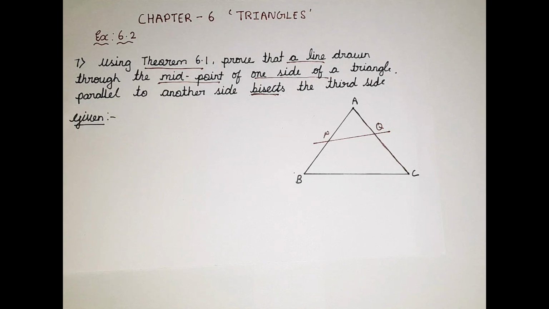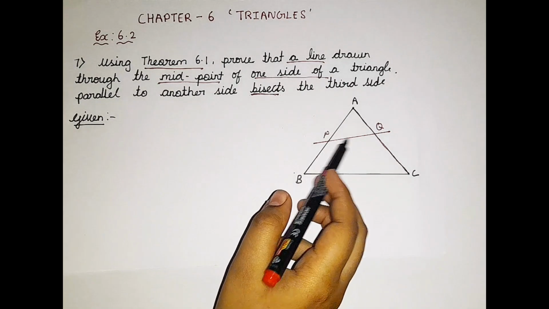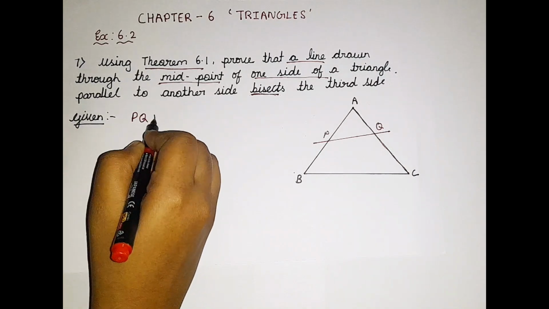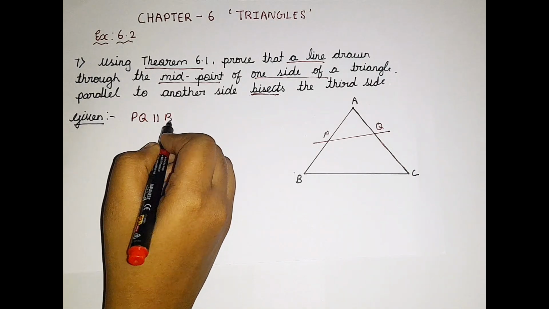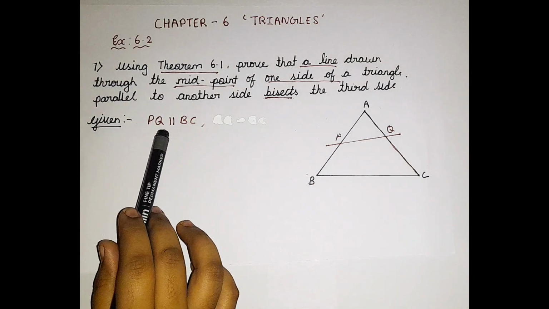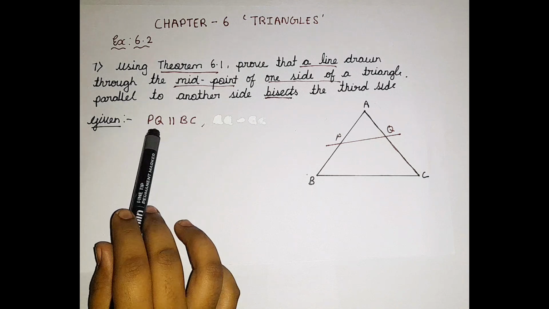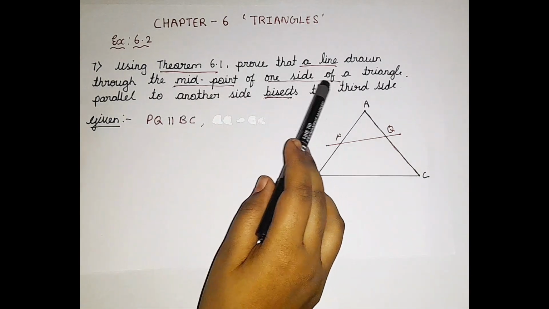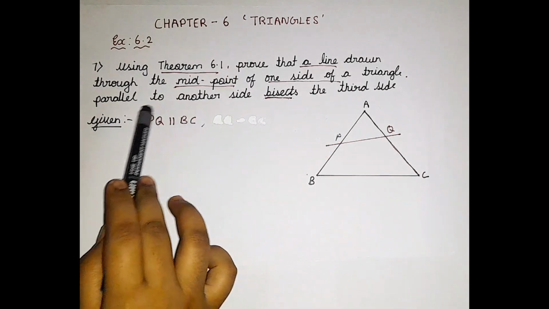According to the question, PQ is parallel to BC. Am I right? So let us write PQ is parallel to BC. So we just found PQ is parallel to BC in this sentence. Till here we read and we got the given value.